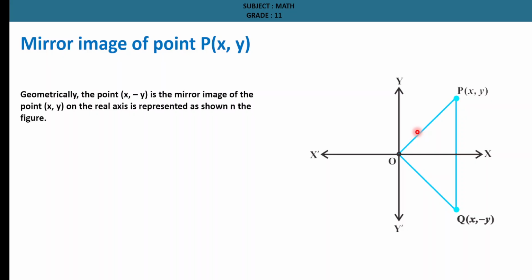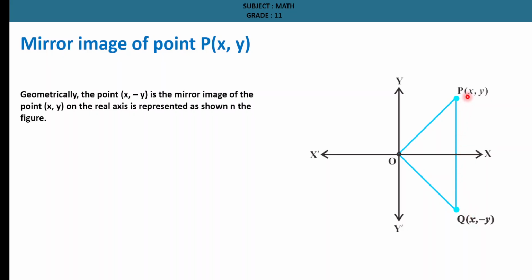Let us find the mirror image of point P x, y. For example, here point P x, y is a complex number represented in this two-dimensional picture, where x is the real part and y is the imaginary part. When we want to draw the mirror image of this P x, y, obviously the x value remains the same and only the imaginary value becomes negative. So x stays positive and y becomes its negative, so instead of the first quadrant we come to the fourth quadrant.